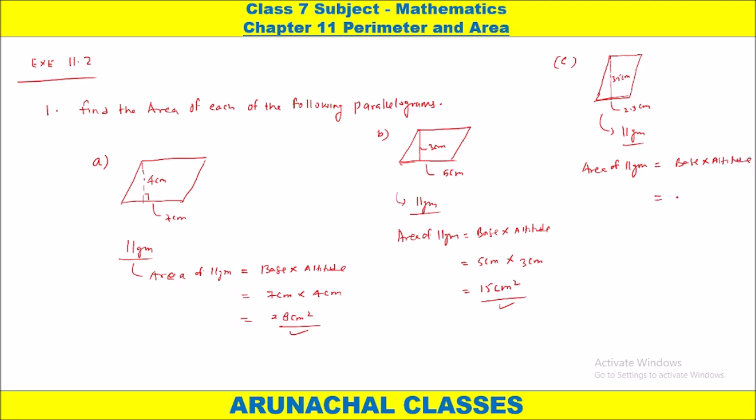The base value is 2.5 centimeter and it is multiplied with altitude, 3.5 centimeter. So when 2.5 is multiplied with 3.5, it will be 8.75 centimeter square.